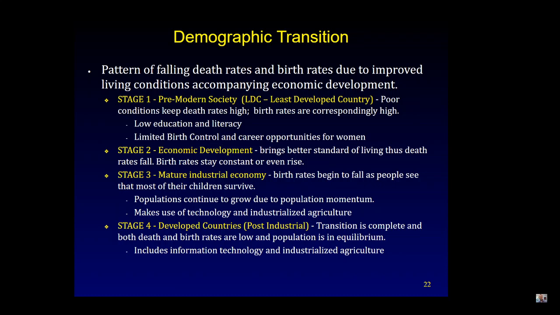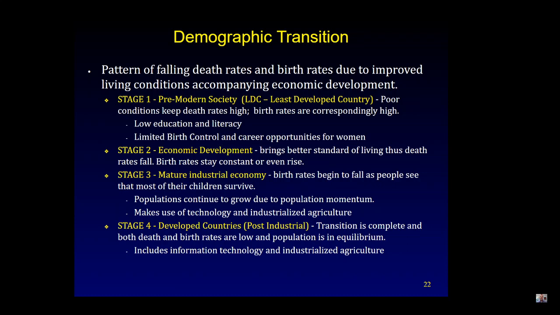Stage 2, now we have a little bit of economic development. Brings better standard of living, thus death rates fall, but birth rates stay constant or even rise. So really what you have going on here is you still have the mindset where you're still having tons of babies, right? Maybe you're used to stage 1 where you still feel like you need these big families.